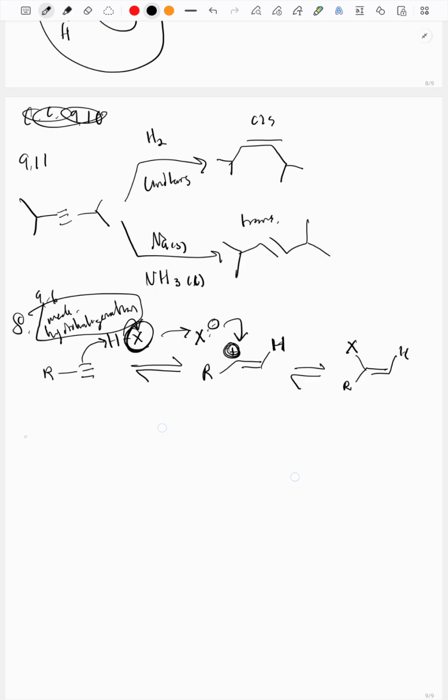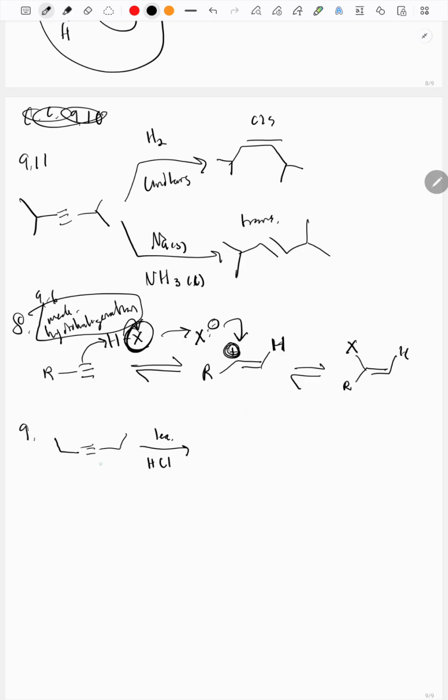Now, point number 9. Let's say we had something like this reacted with 1 equivalent of HCl. What will we get? Learning from our mechanism, we learned that this is only about Markovnikov, the carbocation.